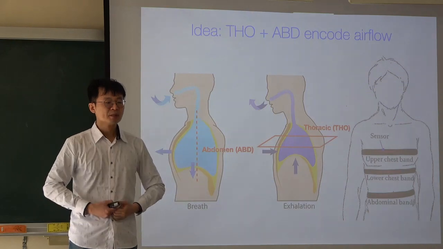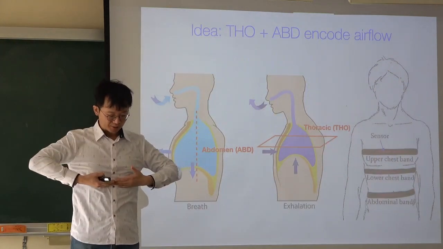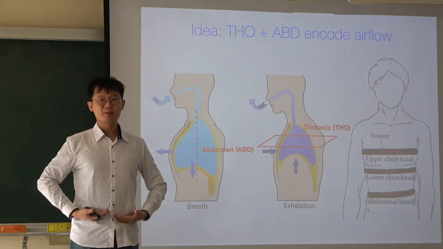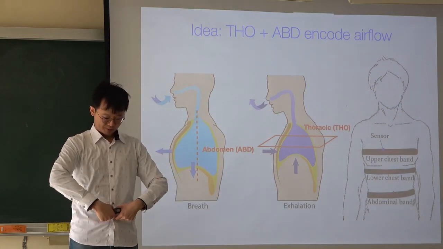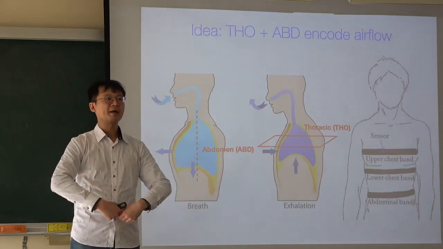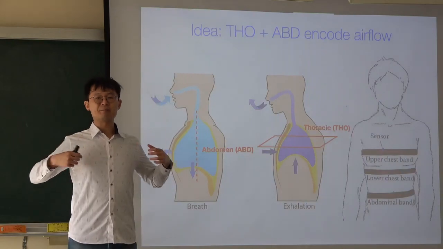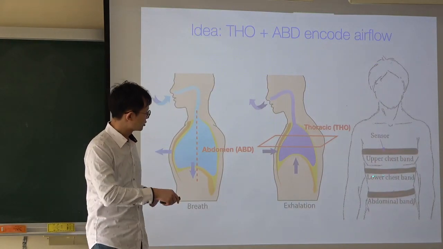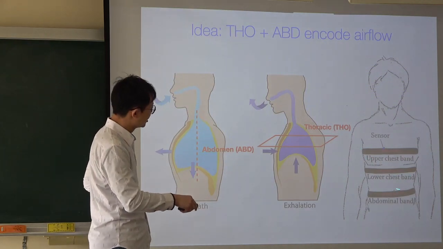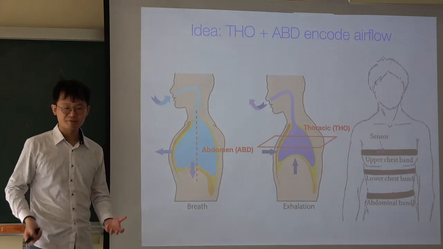When you breathe, your chest, your rib cage expands, your diaphragm decreases. And the decreased diaphragm can be captured by the abdominal movement, and the thoracic movement can be captured by the thoracic band. So you can have a thoracic band and an abdominal band, and they can capture different amounts of information.